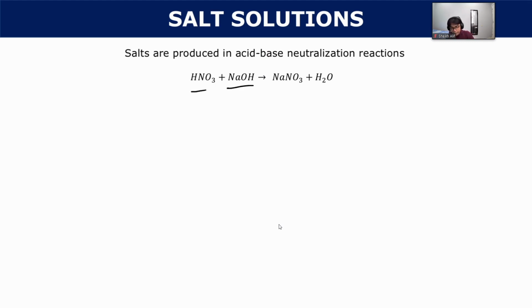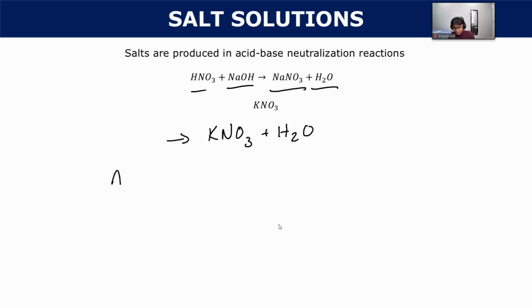Let's take a look at these 2 reactants. They undergo a double displacement reaction to produce a salt and some water. And so what does that mean? Well, let's say you're given the salt KNO3. You know that KNO3 is going to be produced with water, and so it's the result of a double displacement reaction.